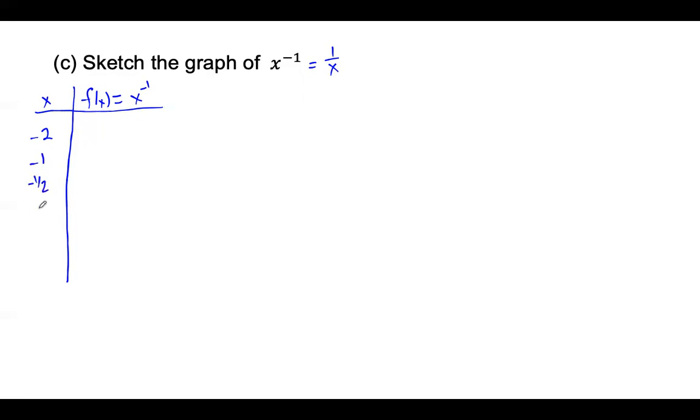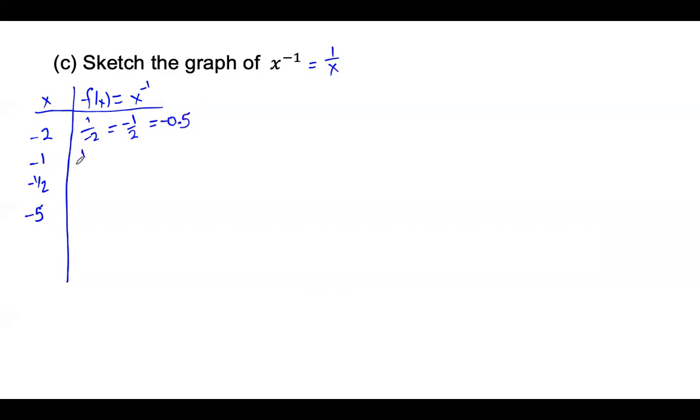Let's say 5, -5. And when we calculate this, 1 over -2, we know that that's going to be basically -0.5.